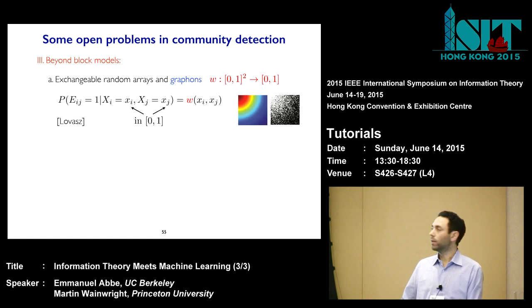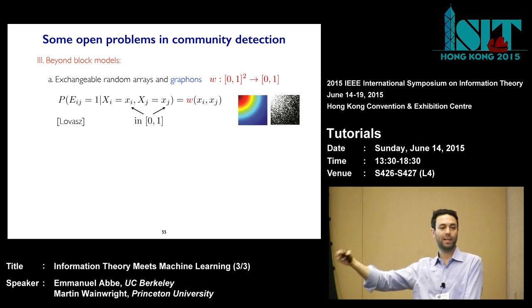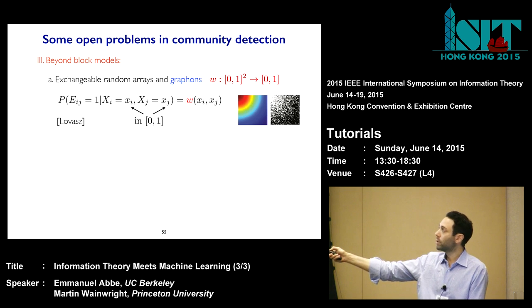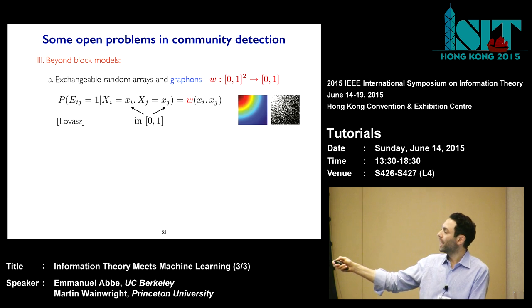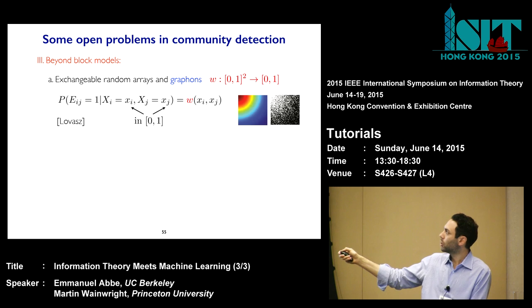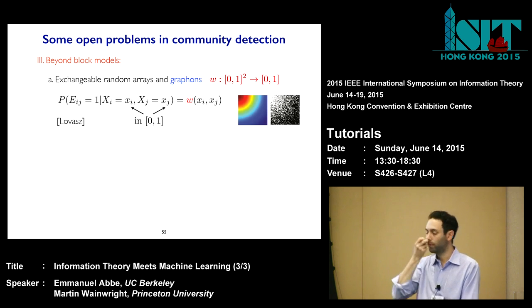So beyond block models, graphons. I don't know how many of you have heard about graphons, but in a sense, it's the limit of stochastic block models, where the variables of the nodes are not discrete; they are continuous in [0, 1]. And then you put edges between any two nodes, depending on a kernel, just like we had before, but it is now continuous. It takes those two numbers in [0, 1].